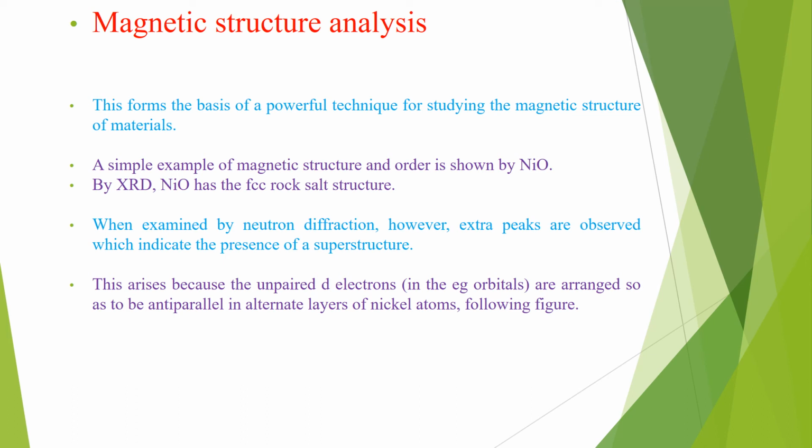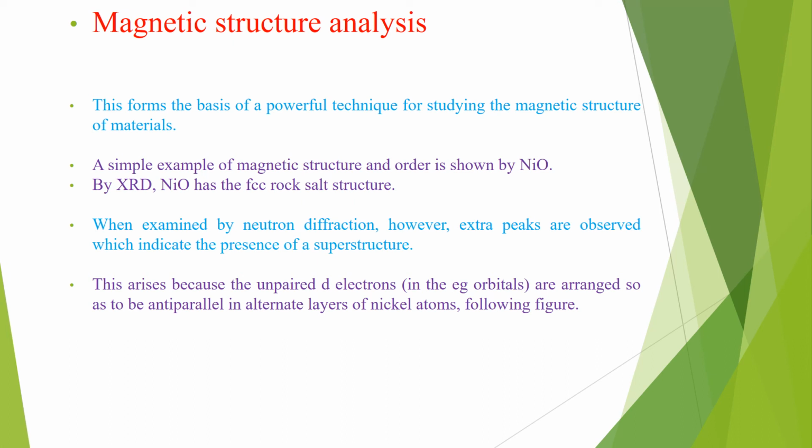A simple example of magnetic structure and order is shown by nickel oxide. By the XRD technique, nickel oxide has the face-centered cubic rock salt structure. When examined by neutron diffraction, however, extra peaks are observed, which indicate the presence of a superstructure.